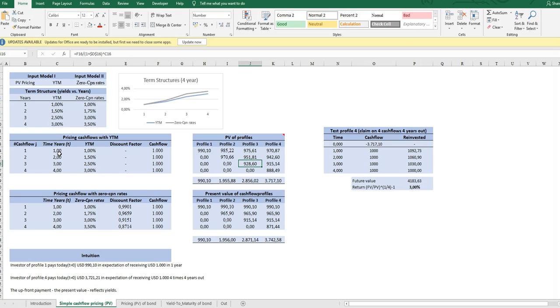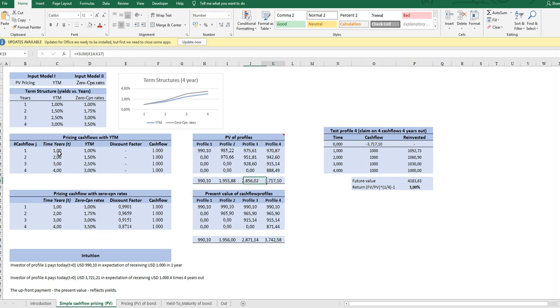So here, for instance, profile 3 discounts with the yield to maturity that applies to maturity 3. This one discounts with the yield to maturity that applies to maturity 4. The total price of that product, the total PV of those cash flows, given the set of required returns implied in the yield to maturity curve, the blue one we see here.